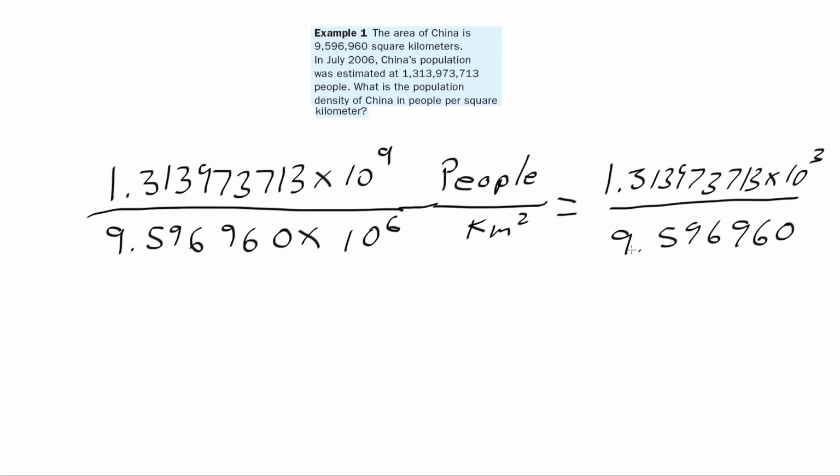I'll do my division, and since I've got to approximate for people, I can't have fractional people, I get about 137 people per kilometer squared. So that's where it's useful in working with large numbers. It gives us a way to reduce this down to a smaller, perhaps more workable number using scientific notation.